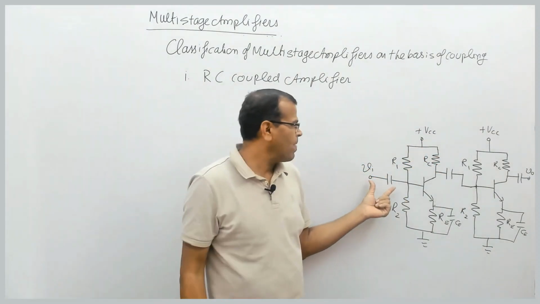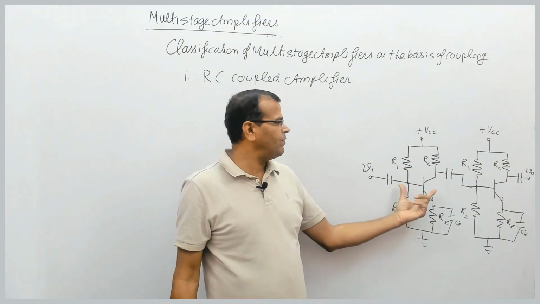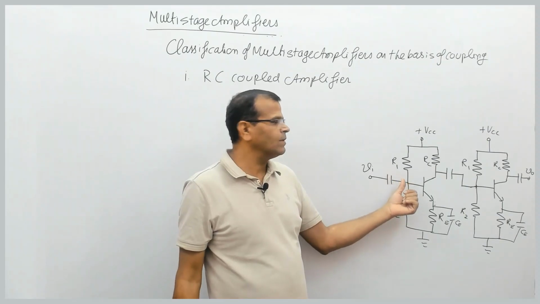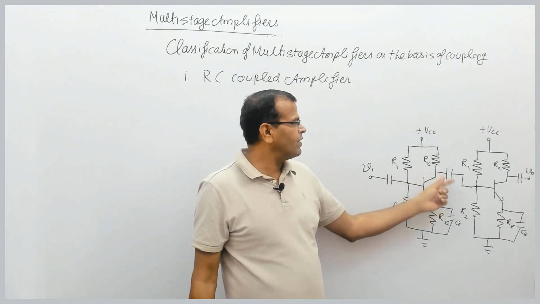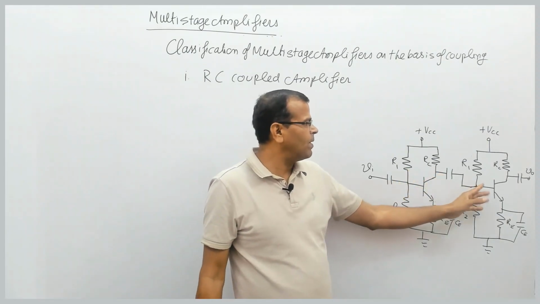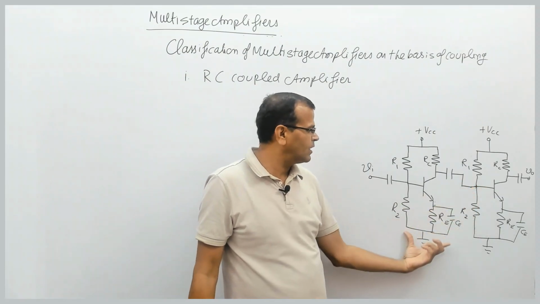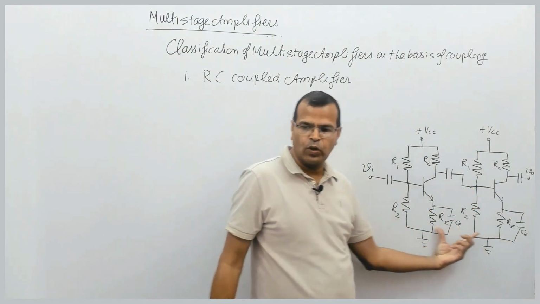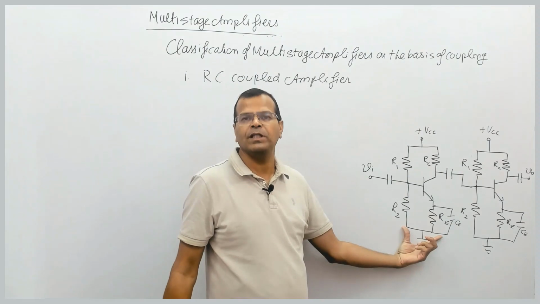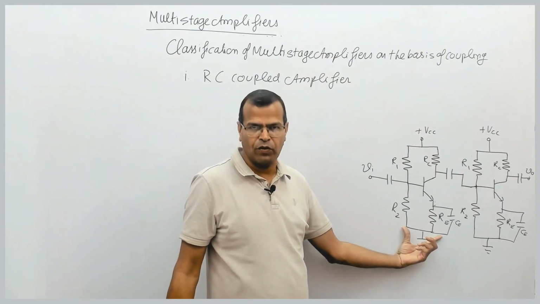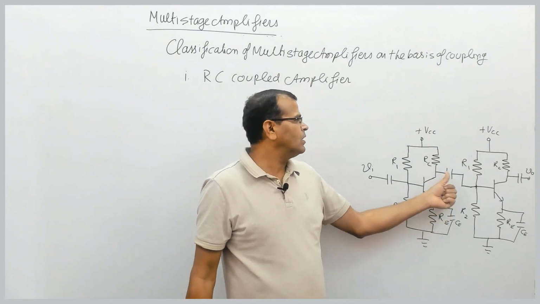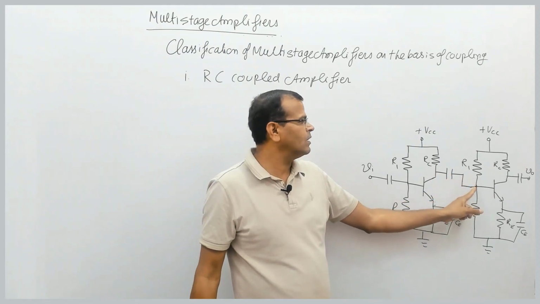This is the example of an RC coupled amplifier. You can see the input is coupled with the first stage with a capacitor. The output of the first stage is coupled with the input of the next stage. This is stage 1, this is stage 2. There are two simple BJT amplifiers in common emitter configuration.